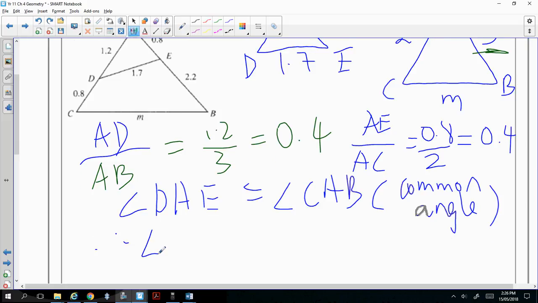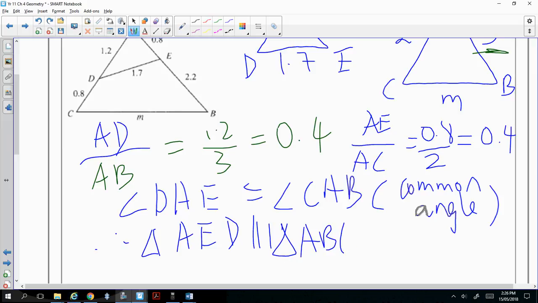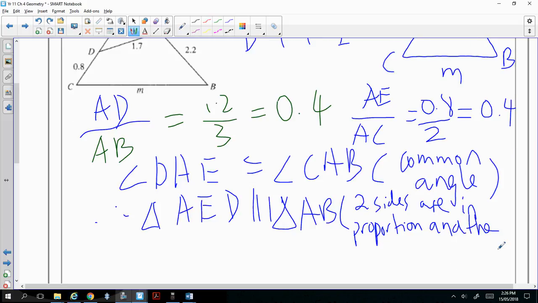So write two sides are in proportion, and the included angles are equal. Alright, we've proved they're similar.